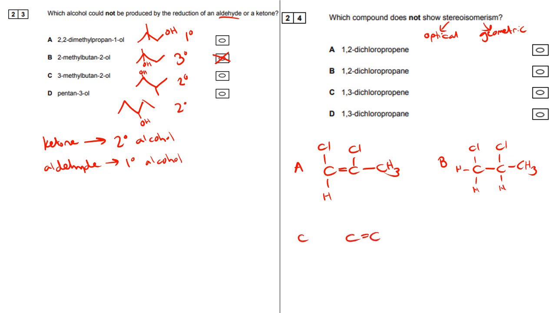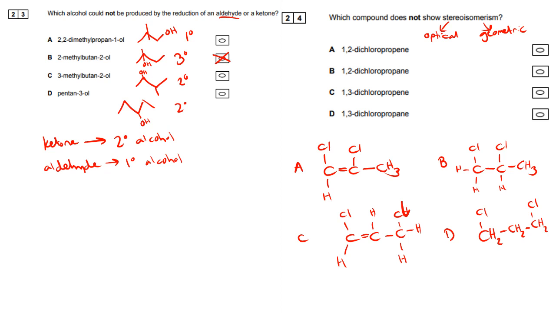So you've got your C=C, you've got your CH3, your Cl on carbon 3, and your Cl on carbon 1 there. And D, we have 1,3-dichloropropane. So you've got your CH2Cl, CH2, CH2Cl. So which one does not show stereoisomerism?